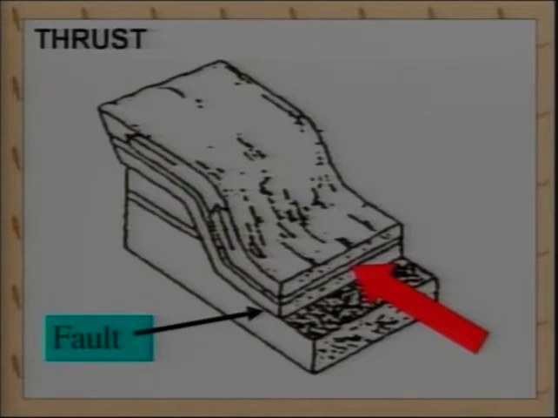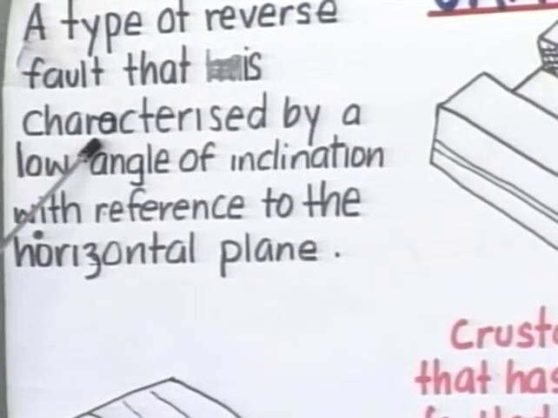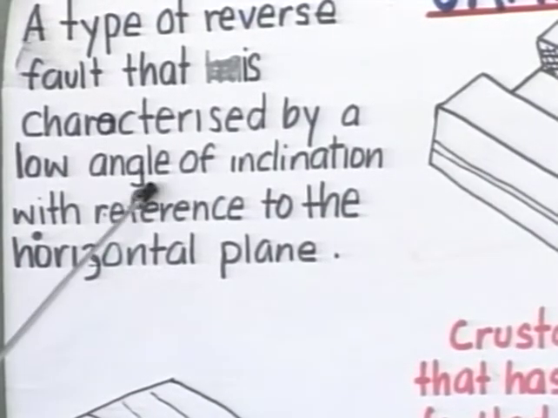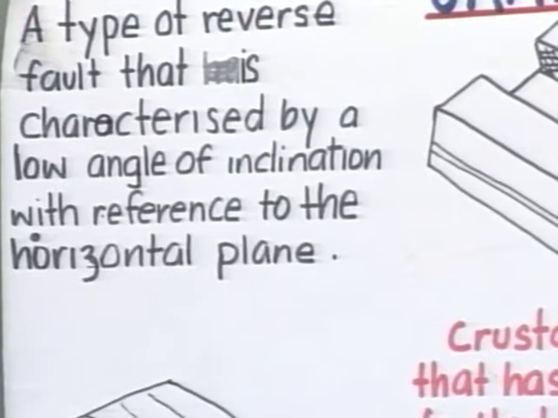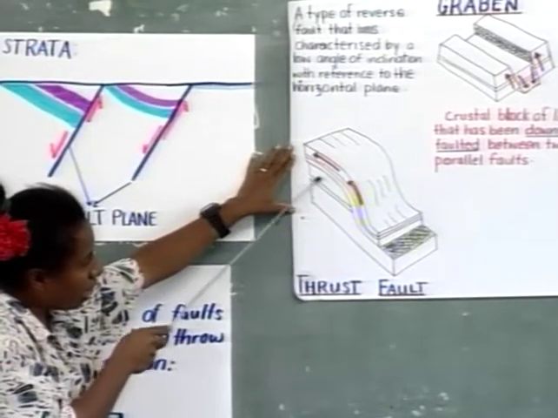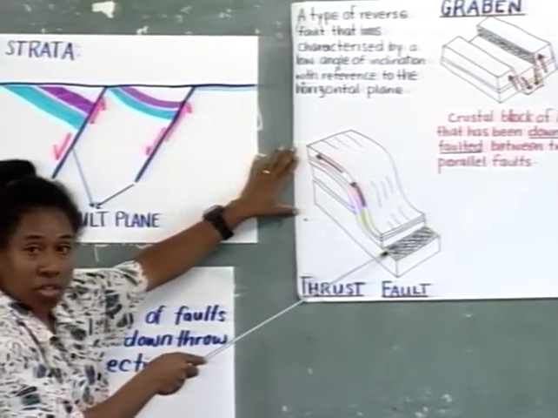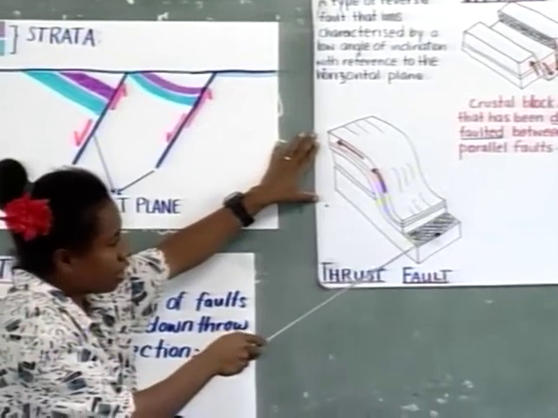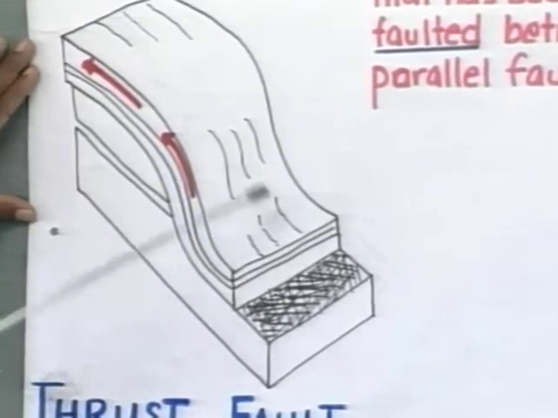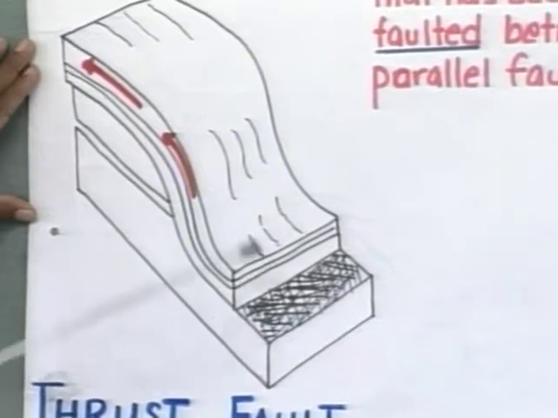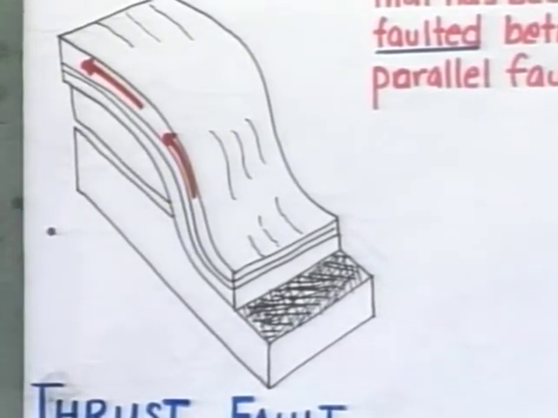It's a type of reverse fault that is characterized by a low angle of inclination with reference to the horizontal plane. The fault line is horizontal, and the faulting comes about as a result of the top block being pushed over the bottom block along the horizontal fault line.